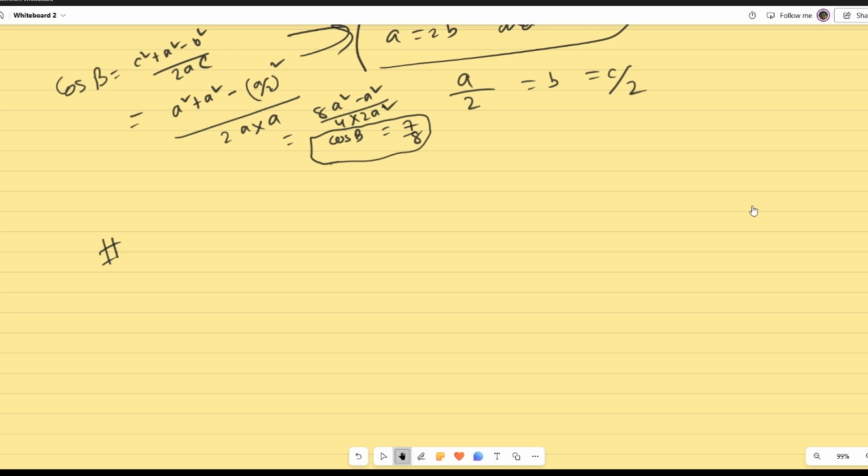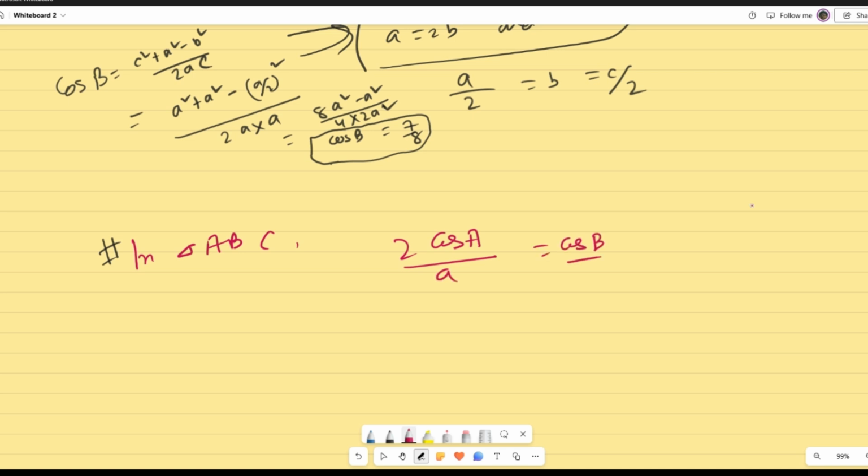In a triangle ABC, it is given that 2 cos A by A plus cos B by B plus 2 cos C by C equals A by BC plus B by CA.